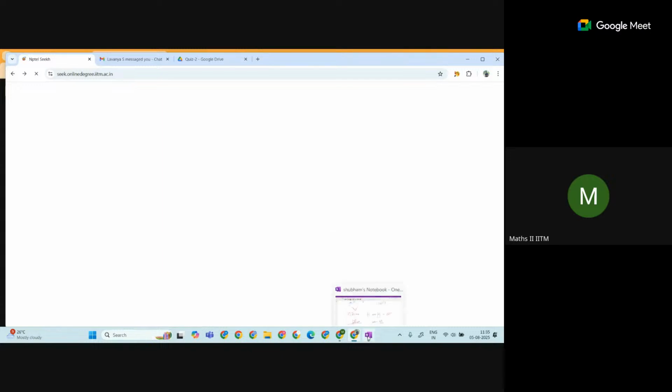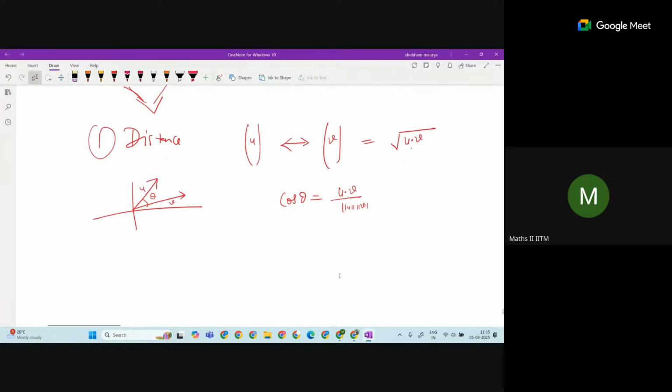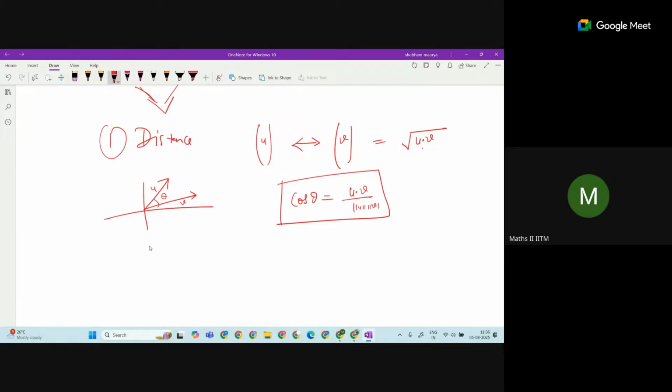So before starting, let me give the definition, because this is exactly the definition. Before going back to the angle, did you ever think, this is a vector you have. What is the length of this vector?